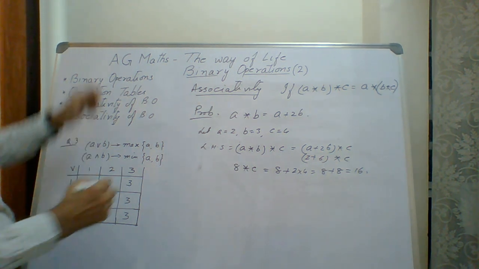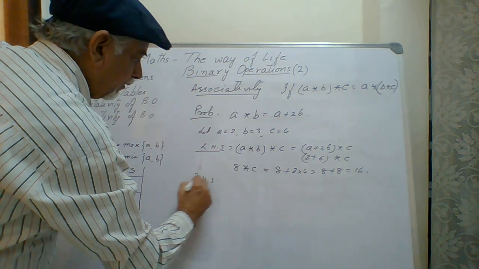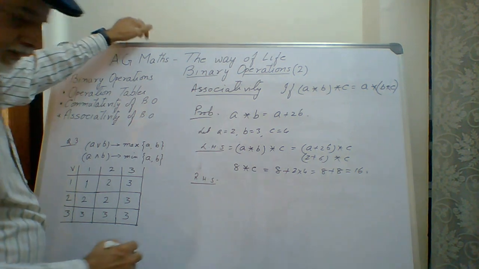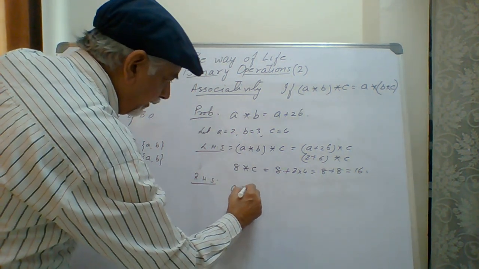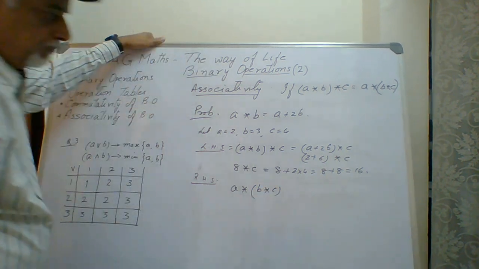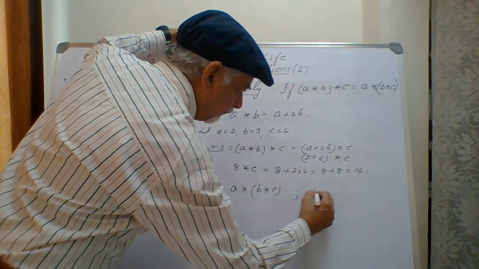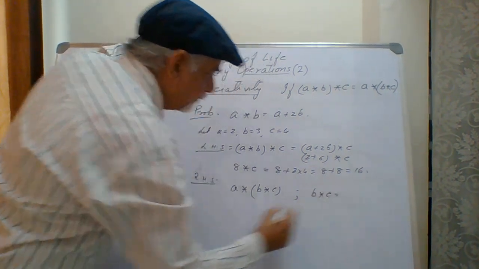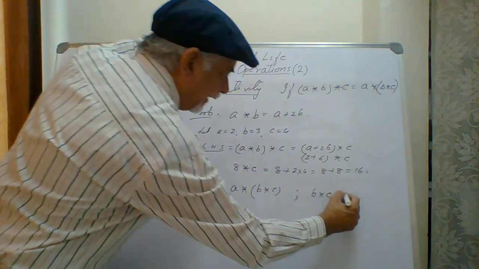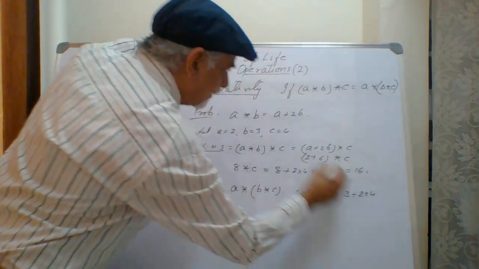When I look at the right hand side, we will work it out the same way. A binary whole of B binary C. First of all, we work out B binary C. B binary C is equal to, B is 3 and C is 4, so we write 3 plus 2 times 4 as per this.